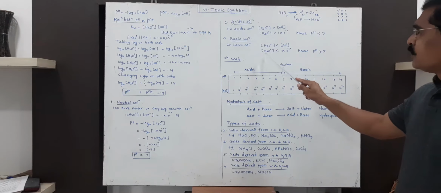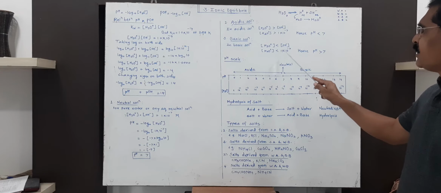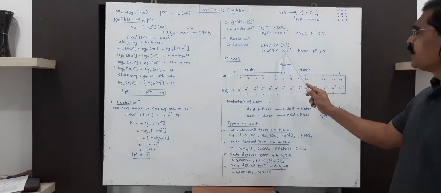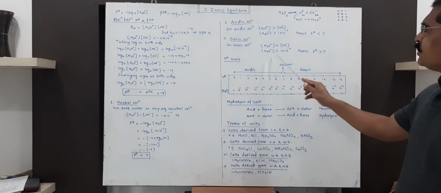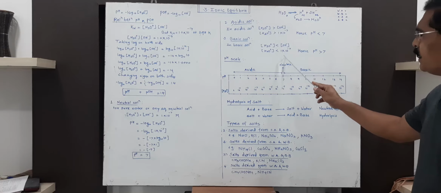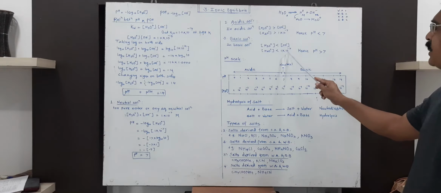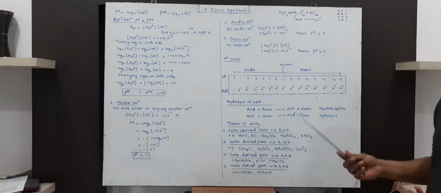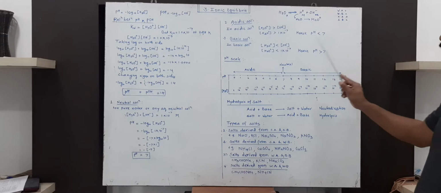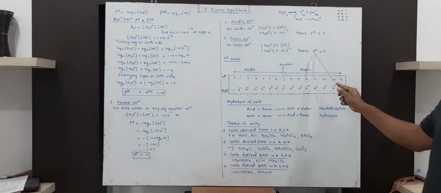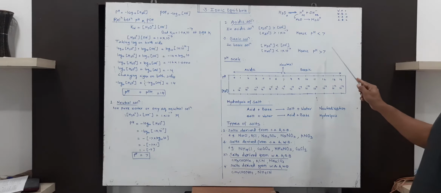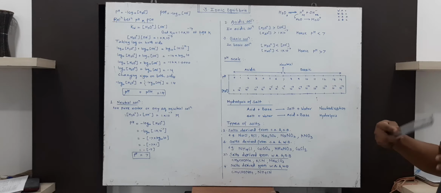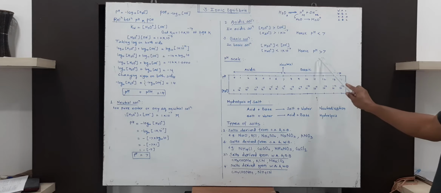That is, the concentration of H3O+ is always less than 1 × 10^-7. Means it may be 1 × 10^-8, 10^-9, 10^-10 and so on. Hence for such solution pH becomes always greater than 7. pH becomes 8, 9, 10, 11 like this.